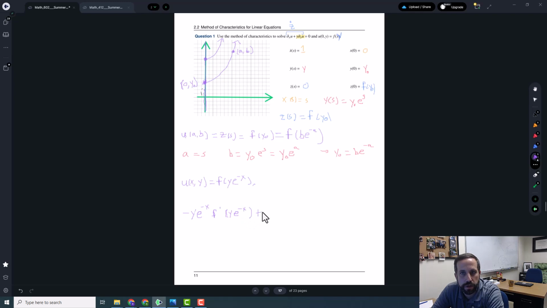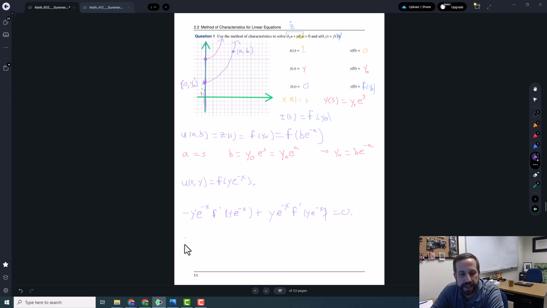And now I'm going to do plus y times the derivative with respect to y. The derivative of the inside part with respect to y is just e to the minus x, times f prime of y e to the minus x. And this is equal to 0. So that shows it satisfies the PDE.